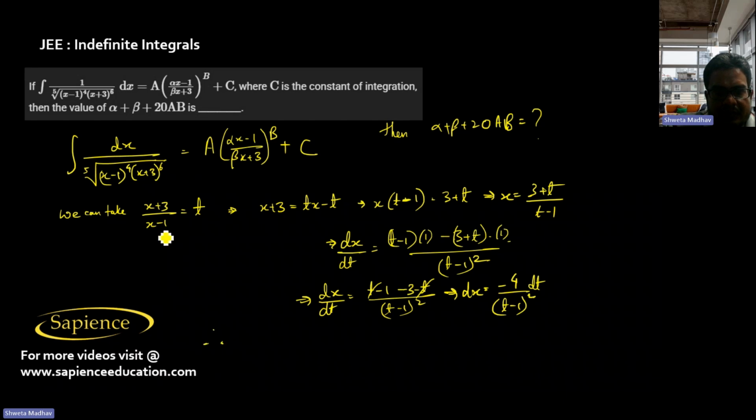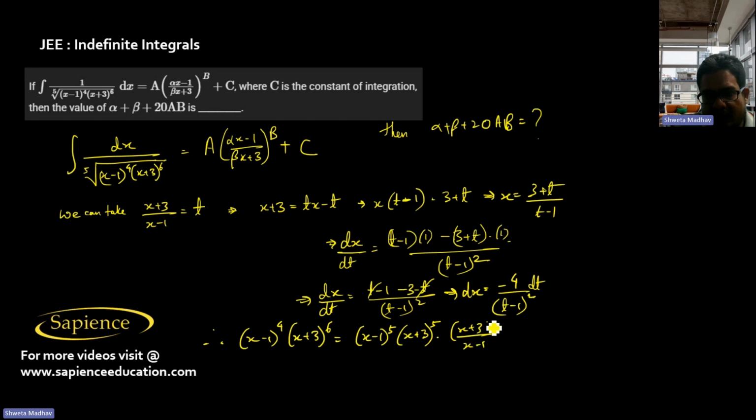And then this thing, (x minus 1) whole power 4 into (x plus 3) whole power 6, can be written as (x minus 1) whole power 5 into (x plus 3) whole power 5 into (x plus 3) by (x minus 1).